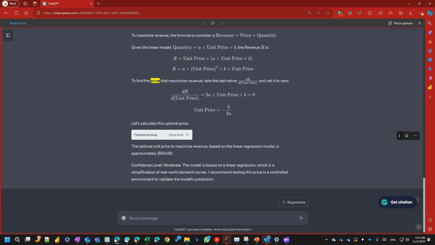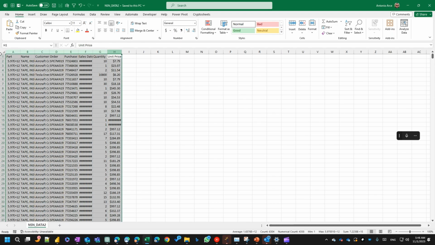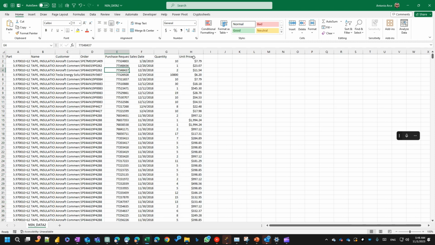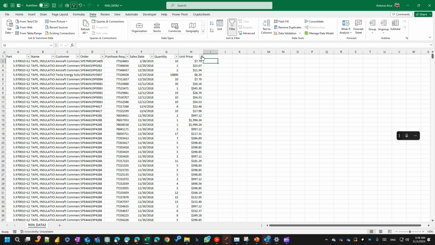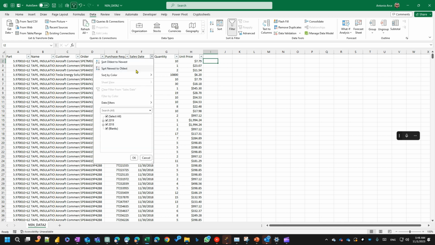So let me just open that file again. Let's go to my downloads and it's in data 2. It's opening, bear with me here. So you can see here our prices, they're ranging a lot. So let me just add a filter here, and let me just sort it by date.